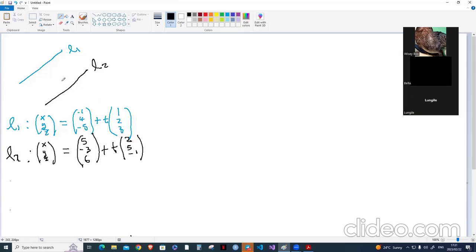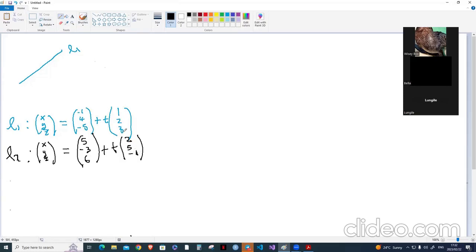And then they say find the angle between these 2 lines. That means these lines are not parallel. Look at this line: 1, 2, 3, and 2, 5, minus 1.